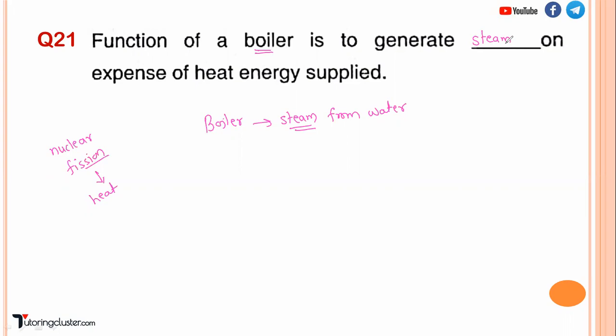Now, there are a number of ways you can classify the boilers. The first classification can be as a water tube boiler and a fire tube boiler. Or it can be based on its arrangement, a vertical or a horizontal boiler.